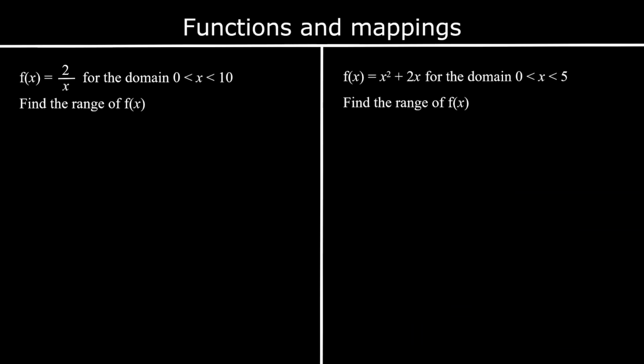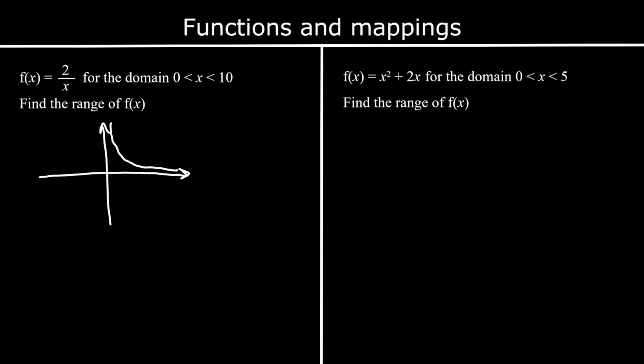f(x) is 2 over x. For the domain, x is between 0 and 10. Find the range of f(x). I'm going to sketch it actually. So between 0 and 10, it's going to look like this.